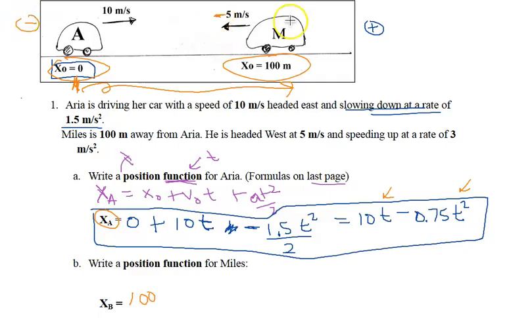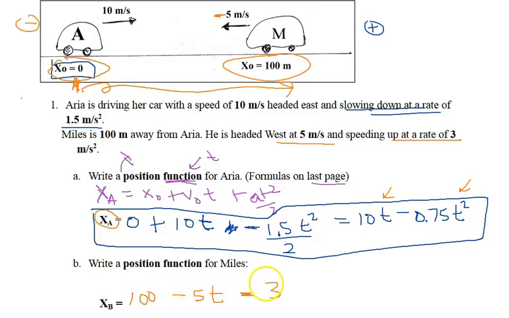He is going backwards at 5, so minus 5t. So he's heading west at 5, and he's speeding up. Since he's speeding up, his acceleration should have the same sign as his velocity, which in this case is negative.